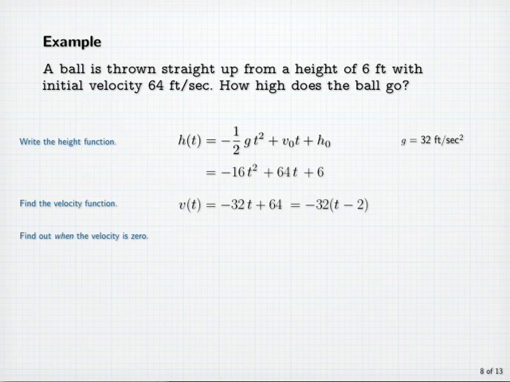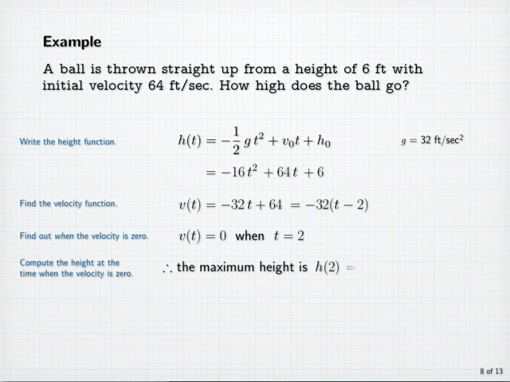So let's find out when the velocity is 0. V of t is equal to 0 when t is equal to 2. So now we compute the height at the time when the velocity is 0 and conclude that the maximum height is h of 2, which turns out to be 70 feet.